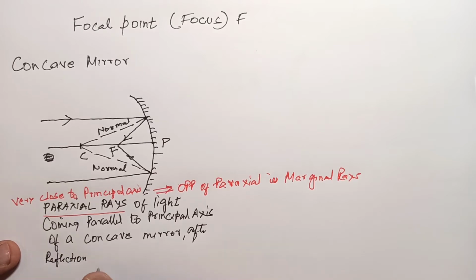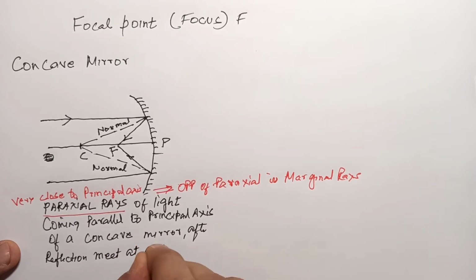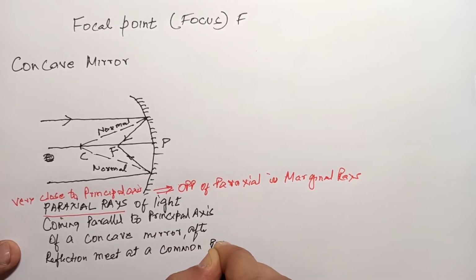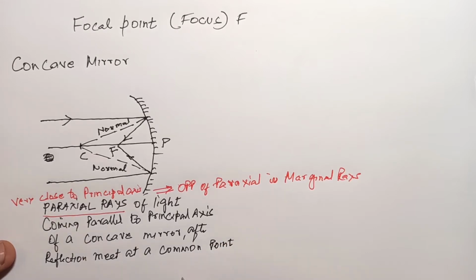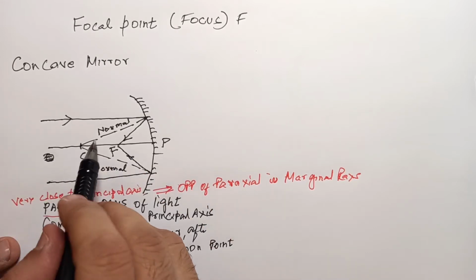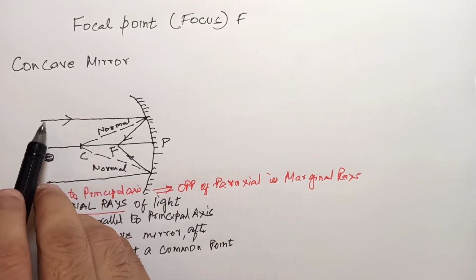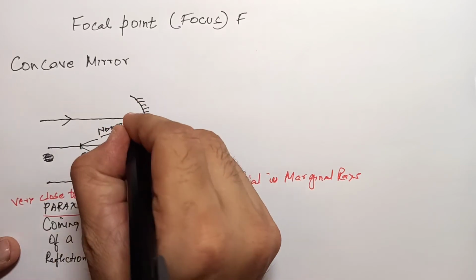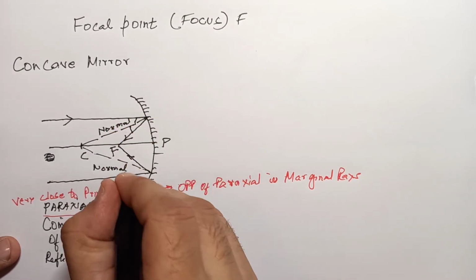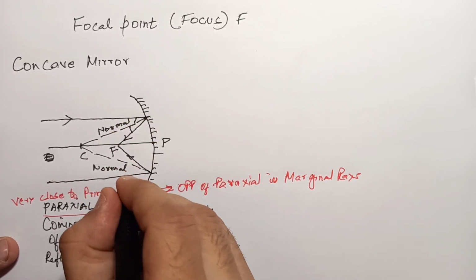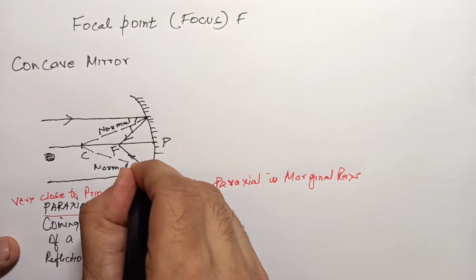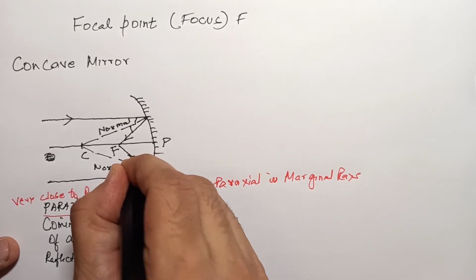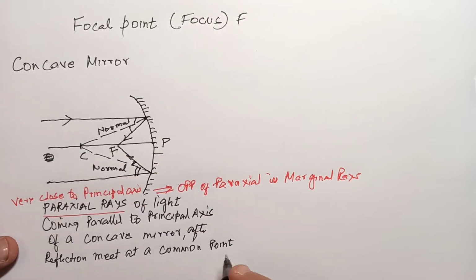meet at a common point on the principal axis. So see, this is the normal, this is the ray which is coming, and this is the normal. So this angle and this angle would be the same, and this angle and this angle would be the same, so it will be reflected here.